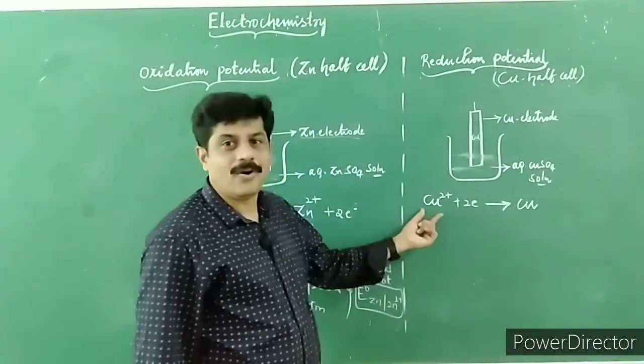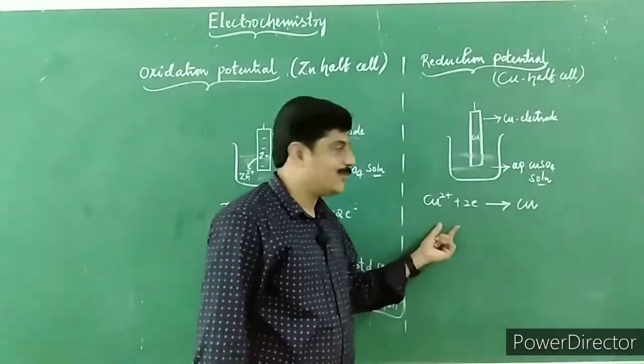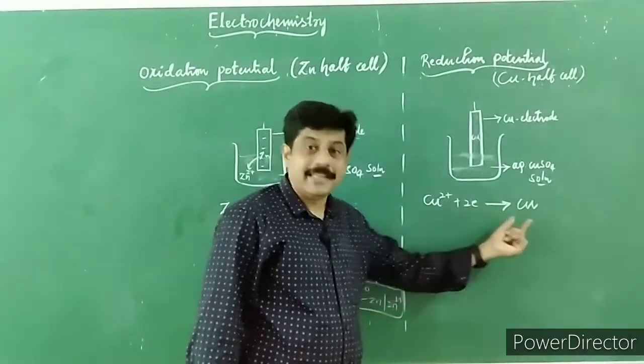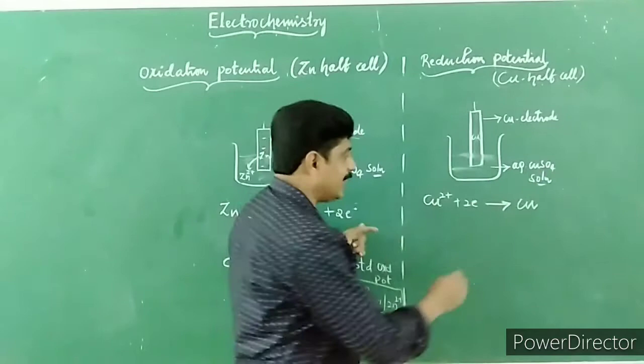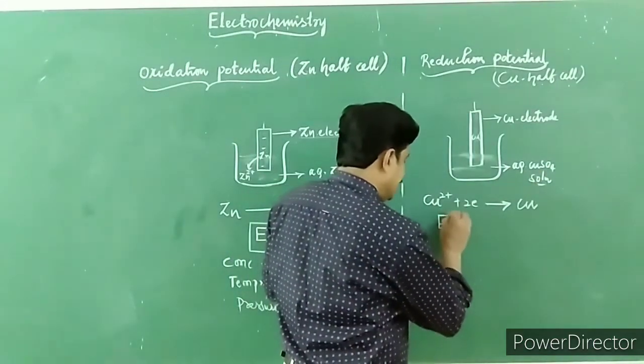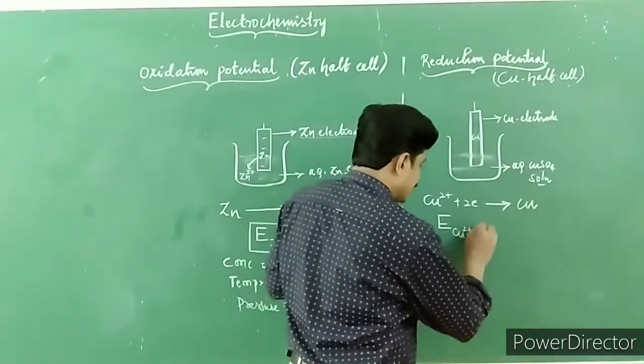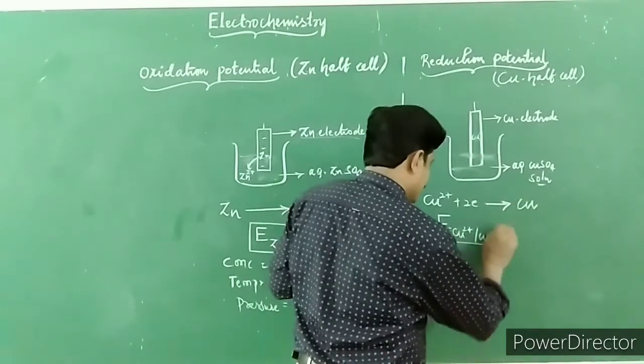Children, the tendency of the ions to get reduced by gaining electrons is called reduction potential and is denoted as E Cu2+/Cu.